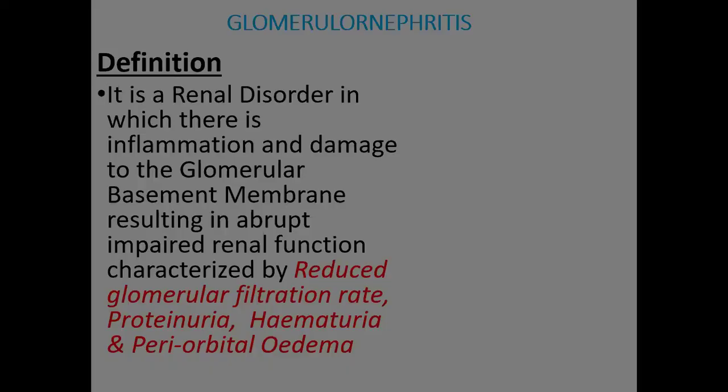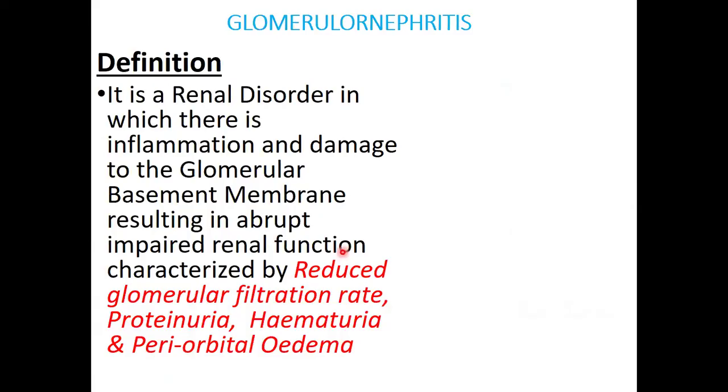So what is the definition of glomerulonephritis? It's a disorder of the urinary system in which there's damage of the glomerular basement membrane resulting in reduced glomerular filtration rate, proteinuria, hematuria, periorbital edema. These are some of the major signs and symptoms that the baby will show.